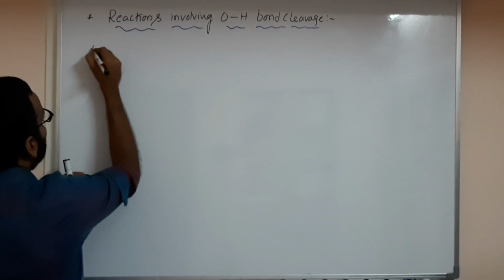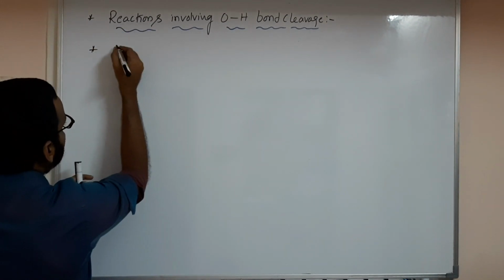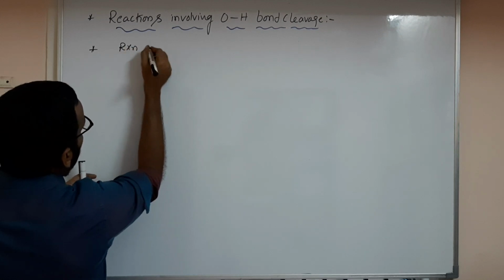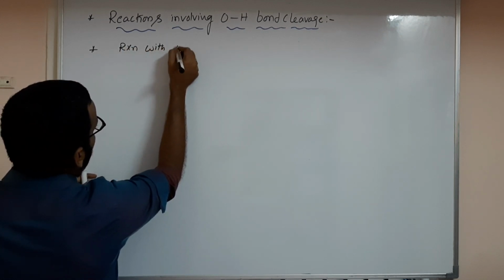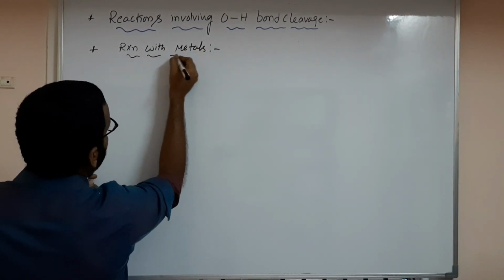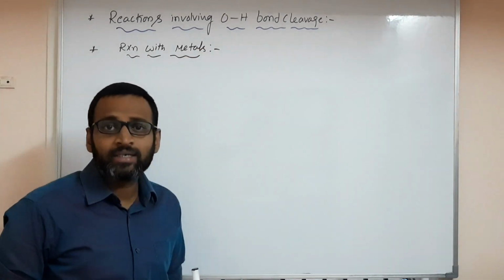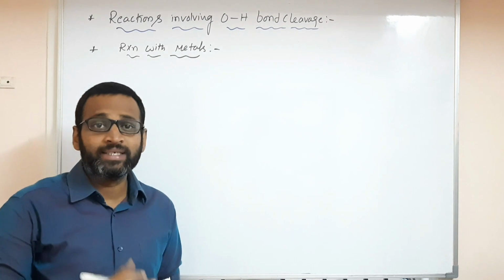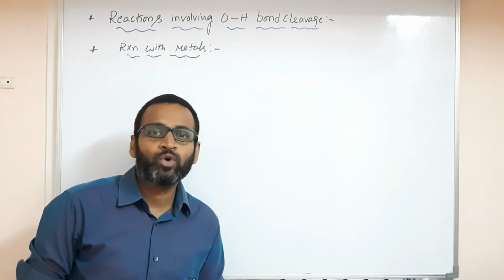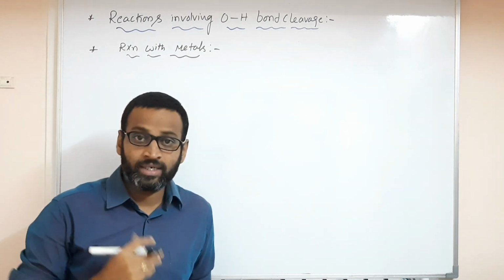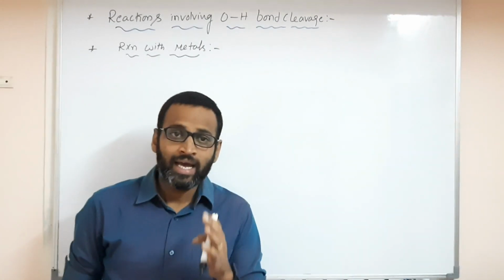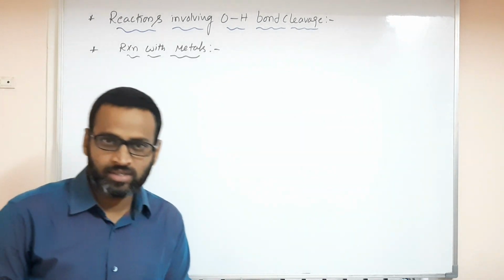So first we have reaction with metals and reaction with bases, like metallic bases, like hydroxides, sodium hydroxide, magnesium hydroxide, calcium hydroxide. Those will give you information about the acidic nature of alcohols.